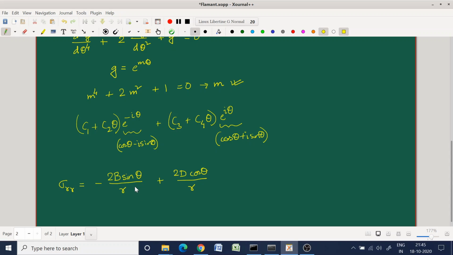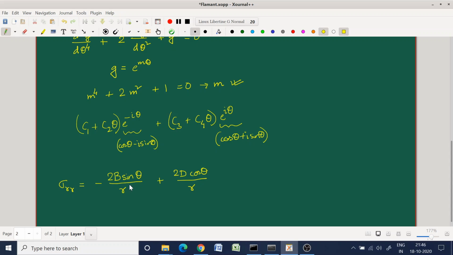First we check this cos theta term. Cos theta is very much symmetric about theta equal to 0, so this is absolutely fine. It satisfies our fundamental requirement that sigma rr must be symmetric about theta equal to 0. But what about this sine theta?